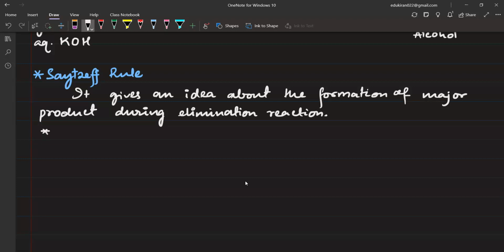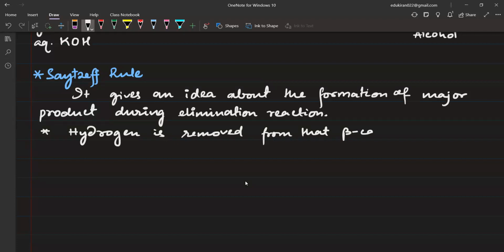Hydrogen is removed from that beta carbon which has less number of hydrogens.